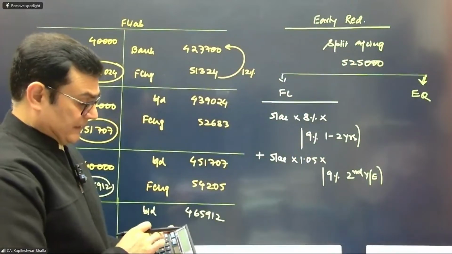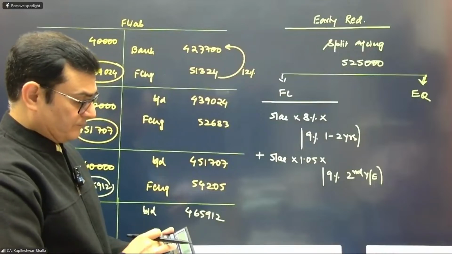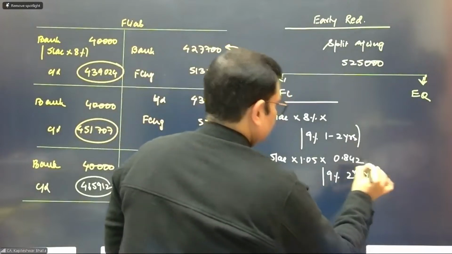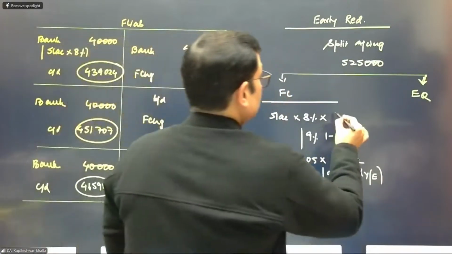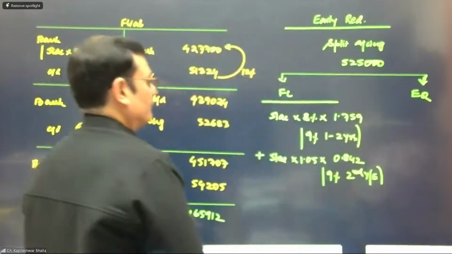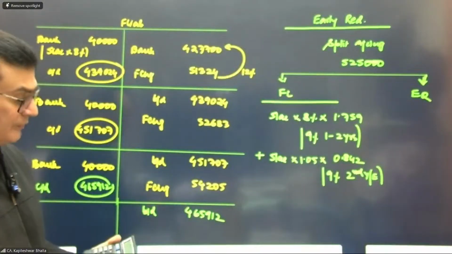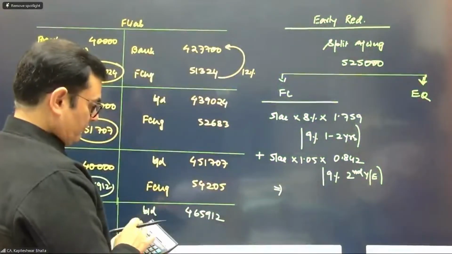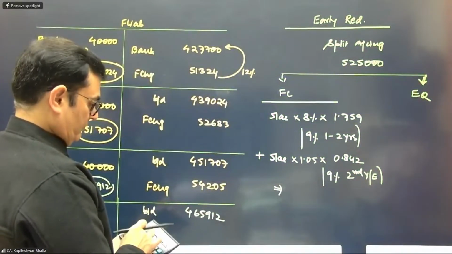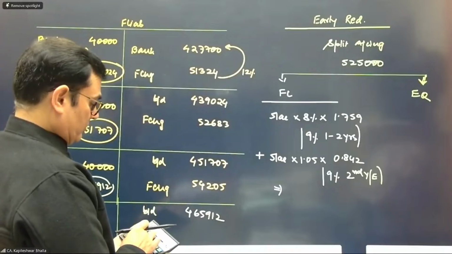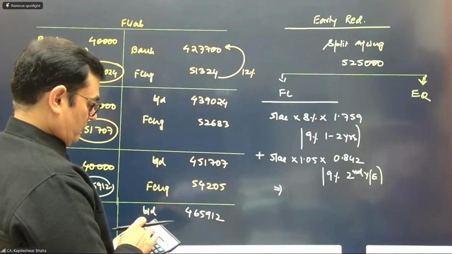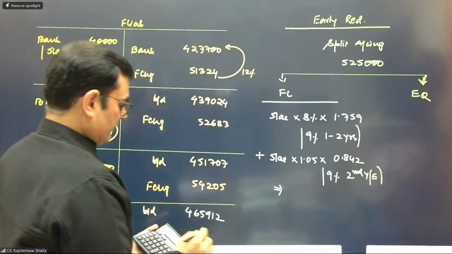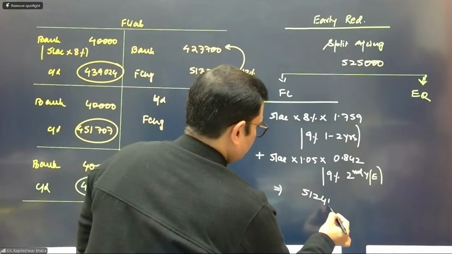So let's see the factors at 9%. I guess this is 0.842, and this is 1.759. Just check, yes, sir. Okay, so let's see what the financial liability element is now. So 42,050. Is it coming to 512,410?